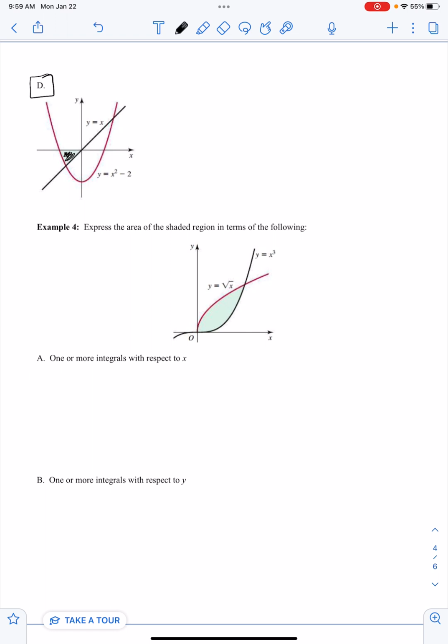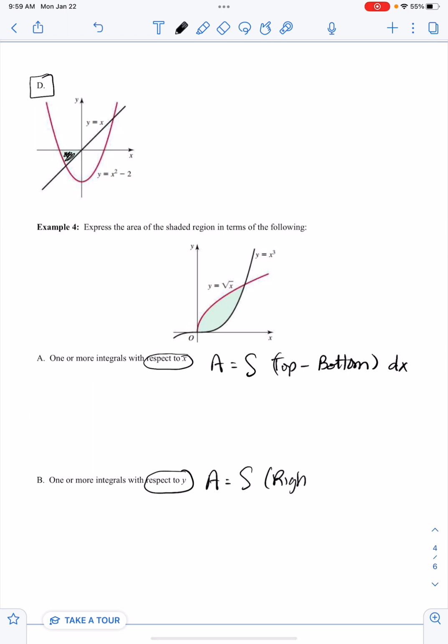So since they want us to do with respect to x first, this is going to be one where we're looking at a top minus bottom, and everything needs to be about x. On this one here, we are going to do a right minus left, and everything needs to be about y.